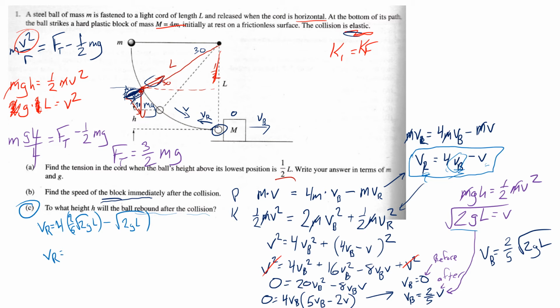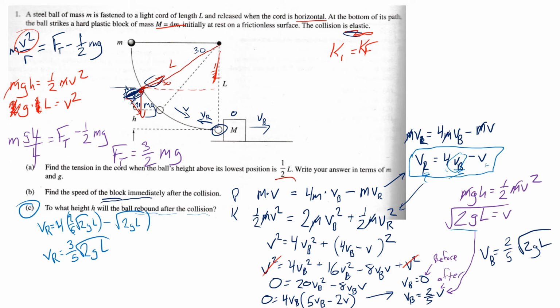So VR is equal to 3/5 times 2GL under the square root. Okay, and that should make sense: the block took away some energy, and the ball is going to get the rest of it now. Okay.